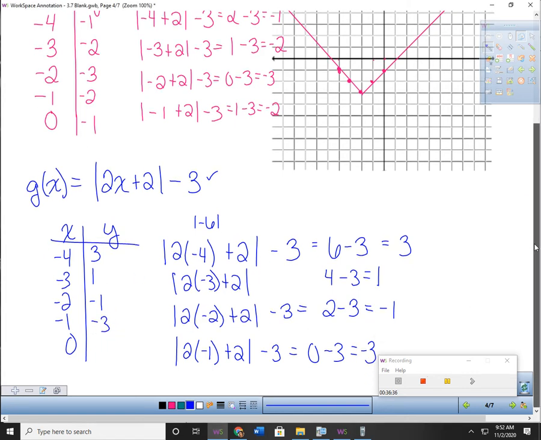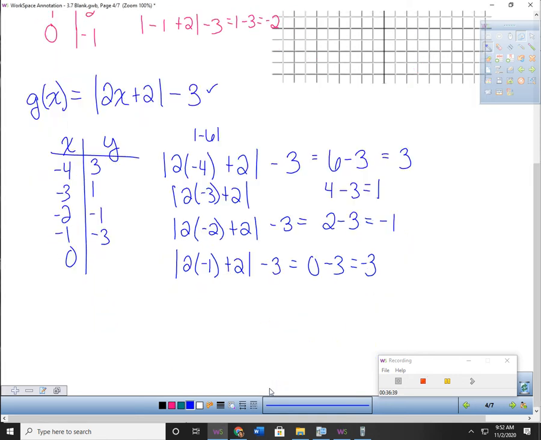We're still on our way down, so we're waiting to come back up. So I've got 2 times 0 plus 2 minus 3. So inside here is going to give us 2. The absolute value of 2 is 2 minus 3 is negative 1. We've turned, right? Now we're headed back up.